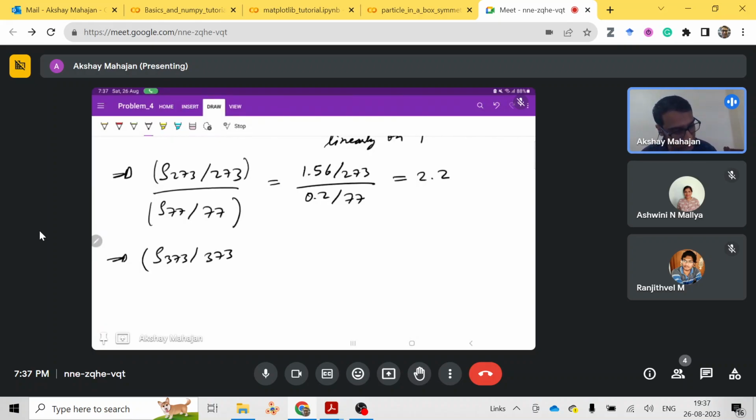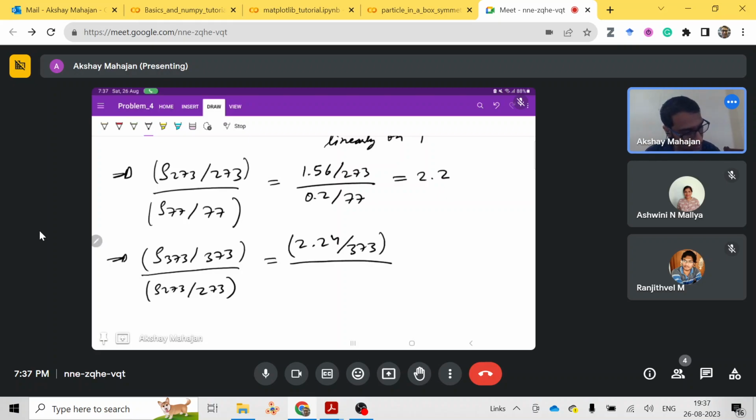So now we are checking from 273 Kelvin to 373 Kelvin what is the case. So rho at 373 is given as 2.24 divided by 373, and 1.56 divided by 273, and if we calculate it, this comes as 1.05, which is very close to 1.